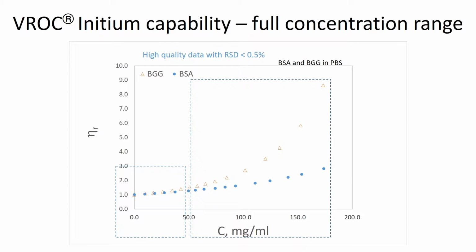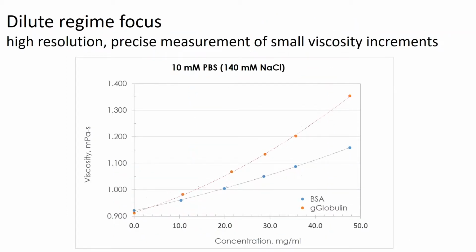But if we zoom in on this lower concentration region, we can see that the instrument is also capable of distinguishing samples in this region, which wasn't so obvious on that full-scale plot. And there's actually a lot of value to be obtained by doing these measurements in the dilute regime, which is what we're going to explain coming up next.